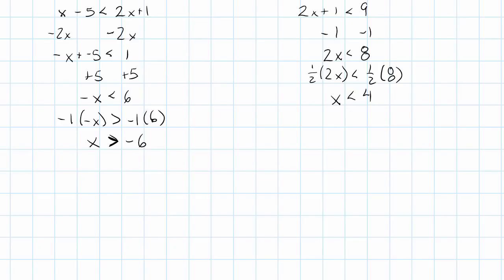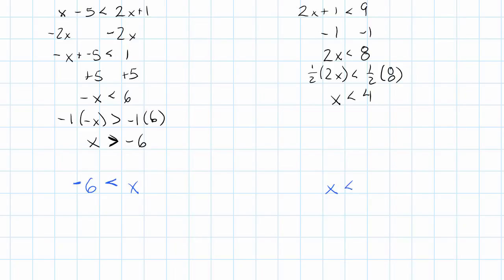So my x is greater than negative 6. I want to rewrite that using the less than symbol. When I reverse the inequality symbol, I need to keep the negative 6 on the pointy end and the x on the wide end. So I have negative 6 is less than x.